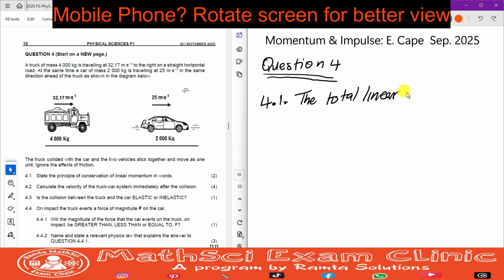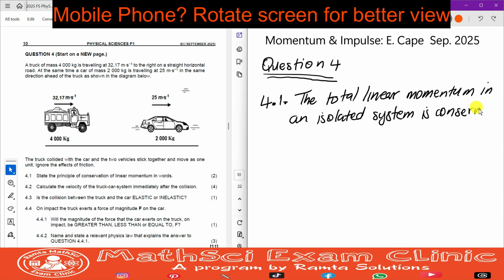The law of conservation of linear momentum says the total linear momentum in an isolated system is conserved. Perfect. So let's see. Next question.